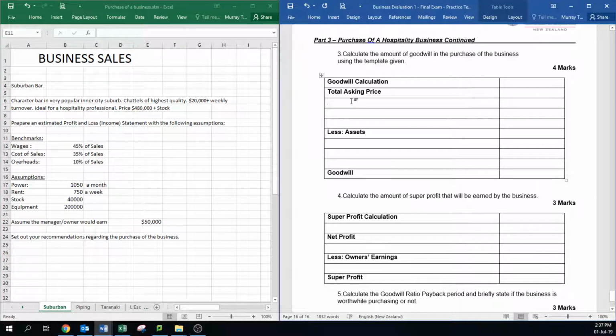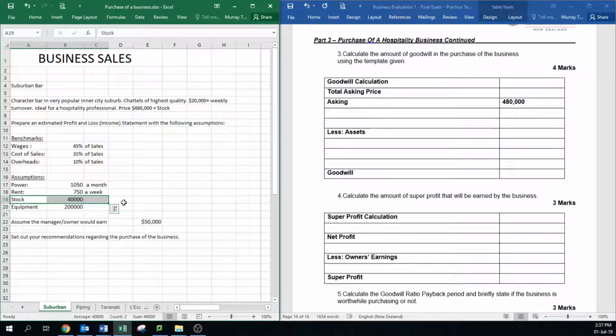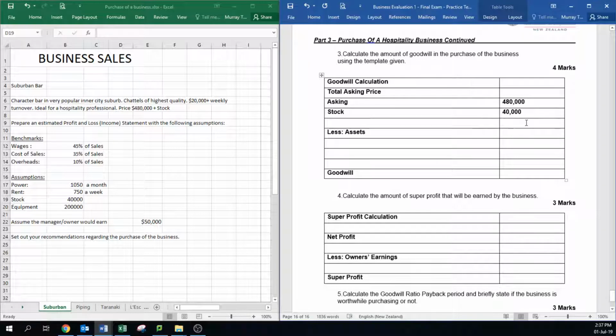So I can put in here that they're asking 480,000 plus our stock figure. So stock, that's the amount of inventory on hand. So that's 40,000. So that is the actual amount that you have to come up with, 520,000, to buy this business.